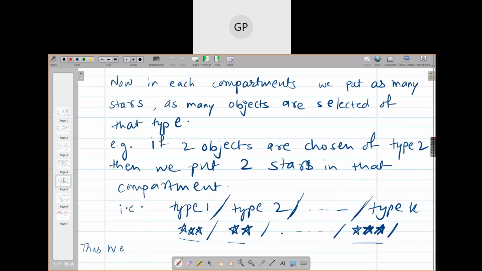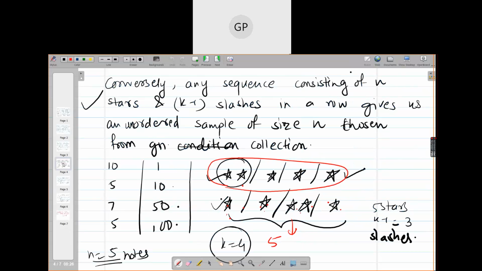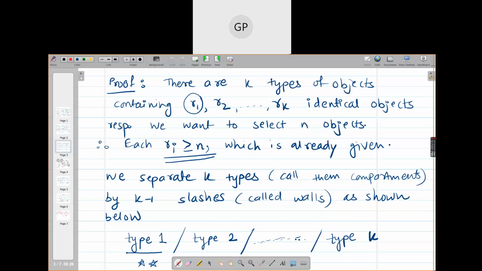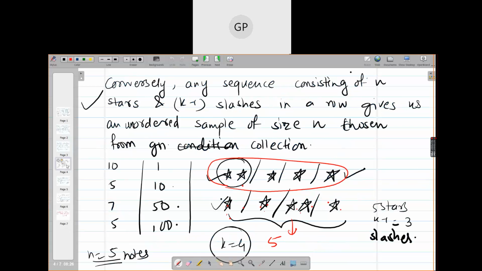For example, if 2 objects are chosen of type 2, then we put 2 stars in the type 2 compartment. If we select 3 objects of type 1, we put 3 stars in compartment 1. So we get a sequence of stars and slashes. Are you getting up to this?